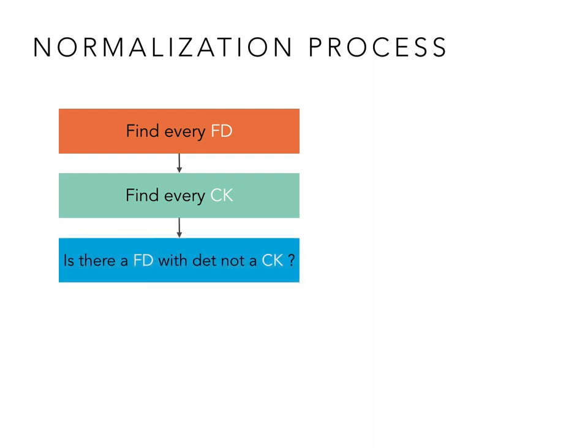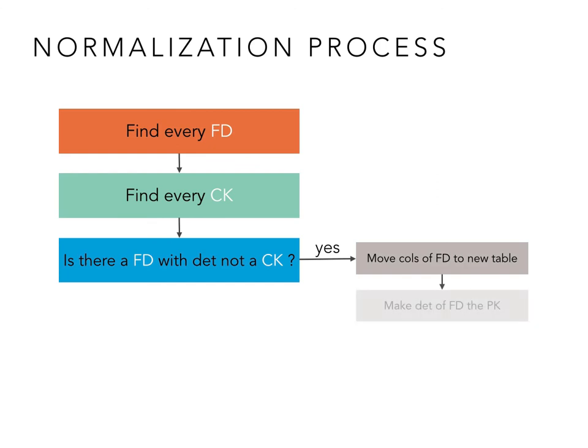Now we have our while loop. Is there a functional dependency with a determinant that's not a candidate key? If there is, that means we need to break this thing down. So we should move columns of the functional dependency to a new table and make the determinant of the functional dependency the primary key of that table.